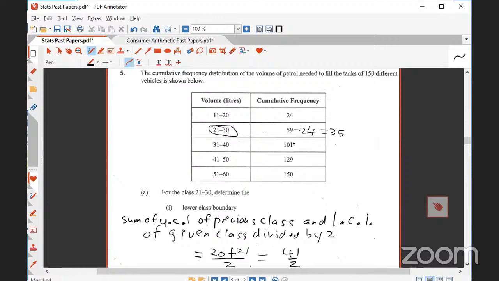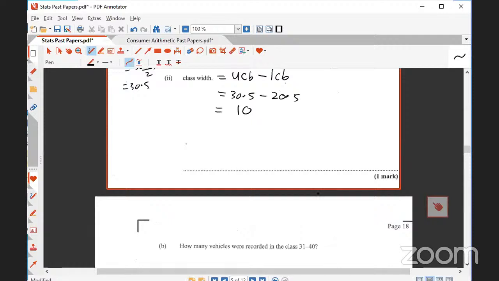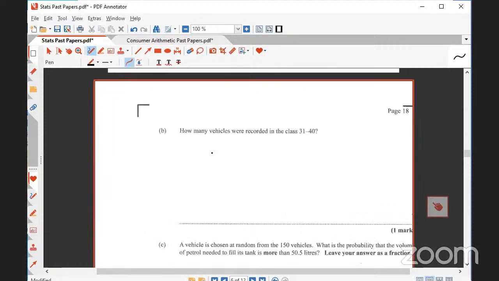So I subtract the cumulative frequency of the previous class, which is 59, from this. My answer is 42. So it's 101 minus 59, that is 42 vehicles.